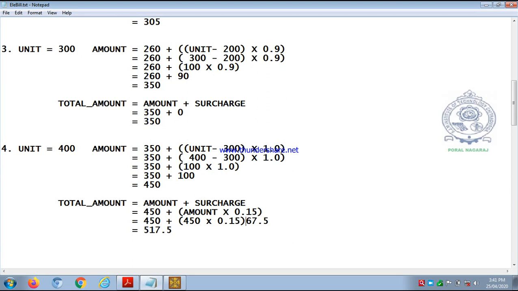That comes to 67.5. So it will be 450 plus 67.5, and your total amount will be 517.5. Okay, so this is the logic.